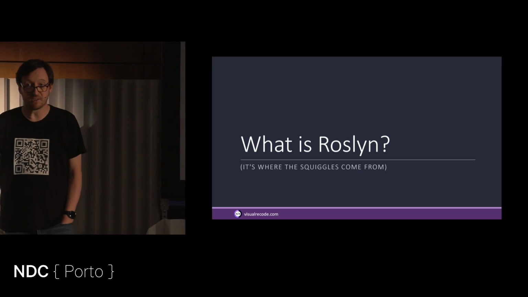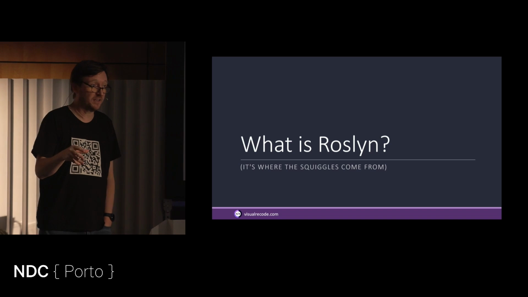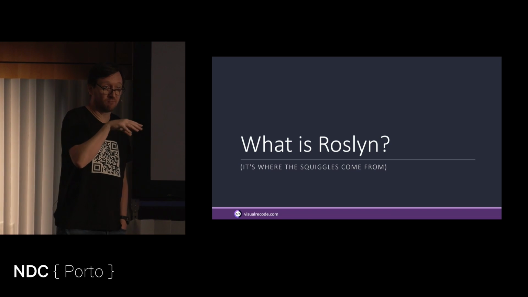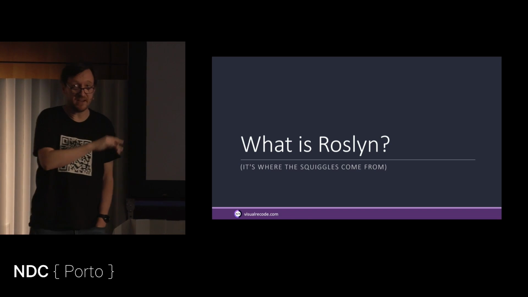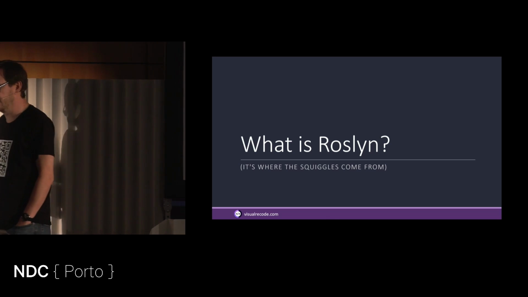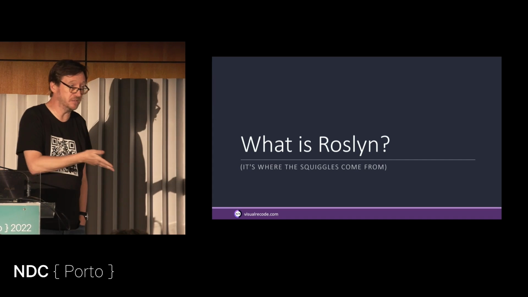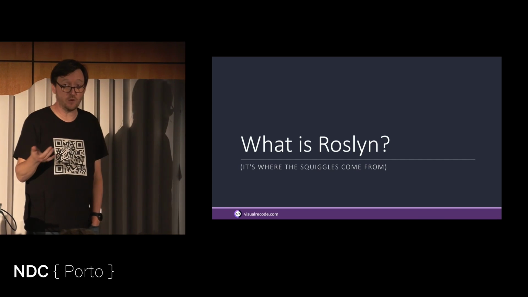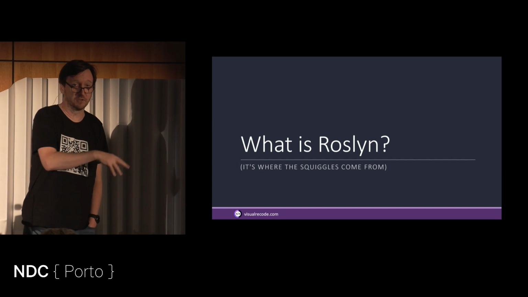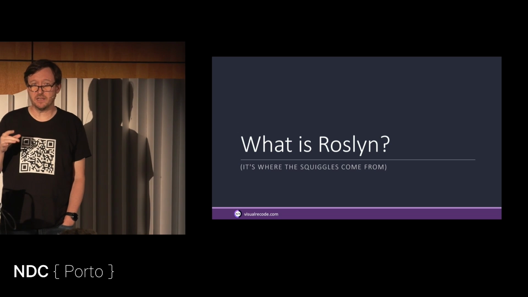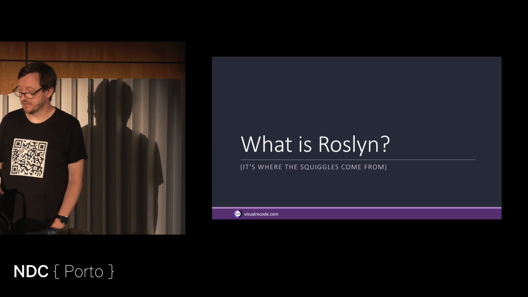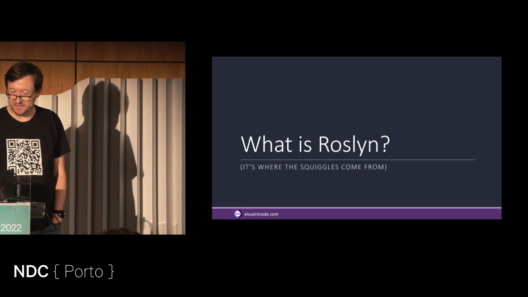ReSharper doesn't use Roslyn. They have their own C# code engine, and so that's ReSharper that tells you that you're an idiot and offers to fix your code for you. But if you just have vanilla Visual Studio, or if you're using CodeRush, that also uses Roslyn.